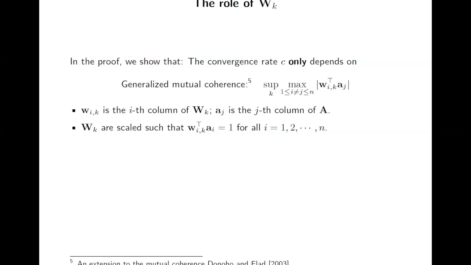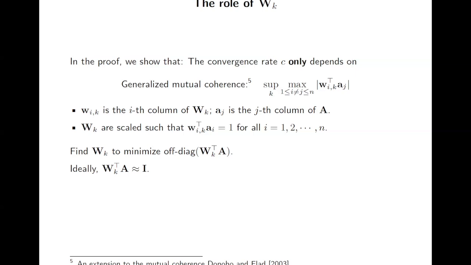We also scale W so that the diagonal terms of this matrix are 1. So we want the off-diagonal terms to be as small as possible and keep the diagonal terms close to 1. It means that we want this matrix to be close to the identity.